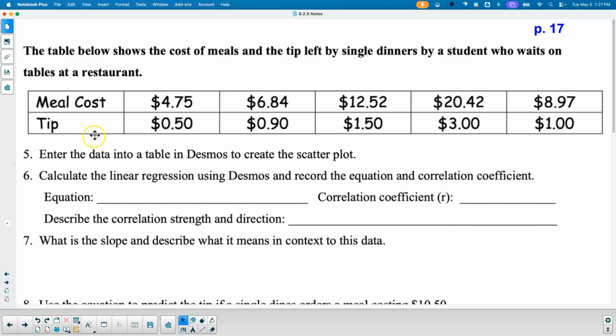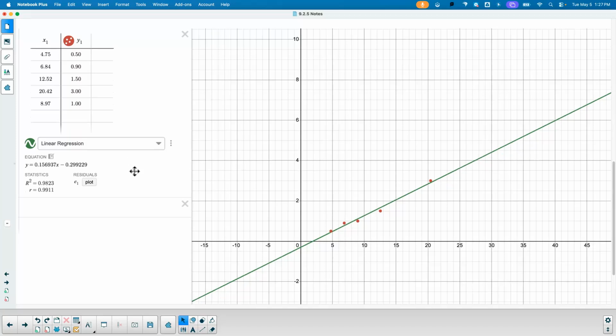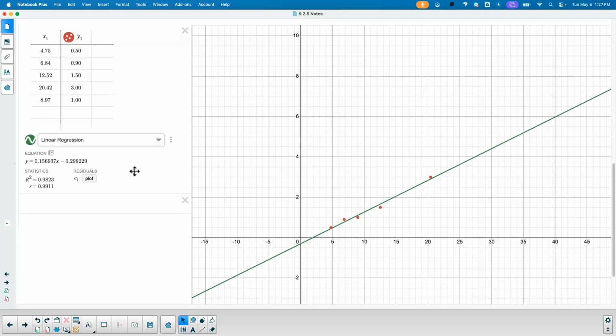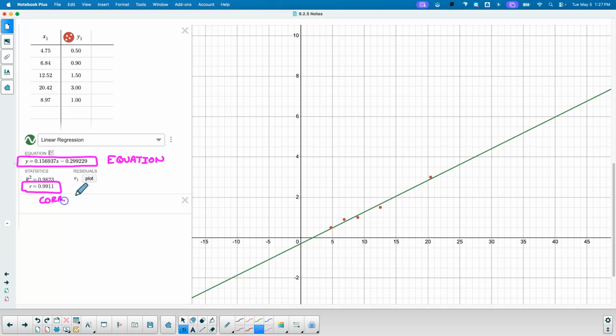So this is what you should have gotten right here. Here would be your equation. Here would be your correlation coefficient.